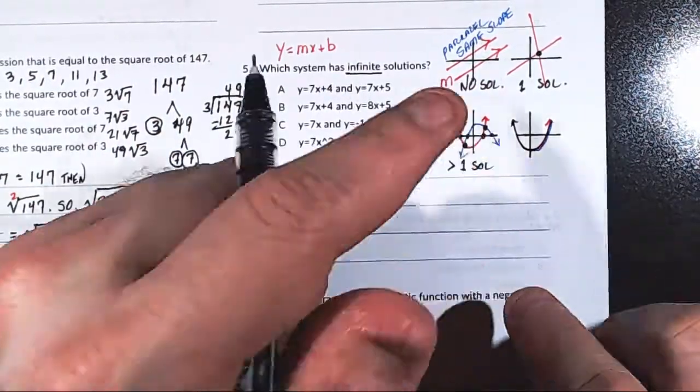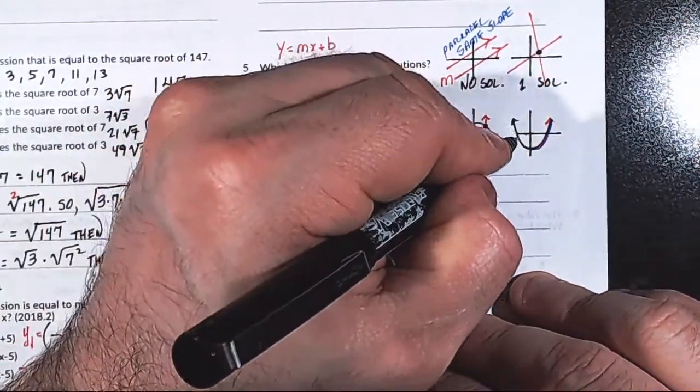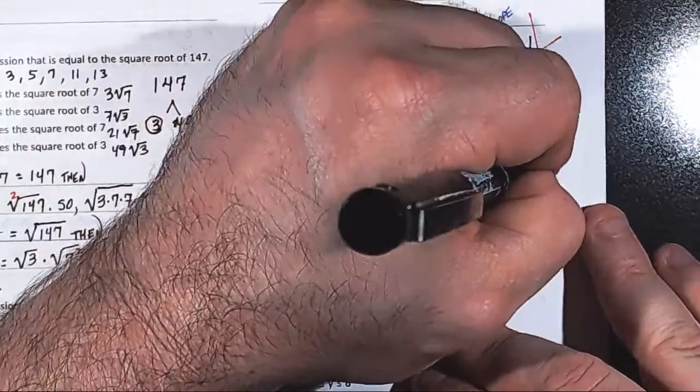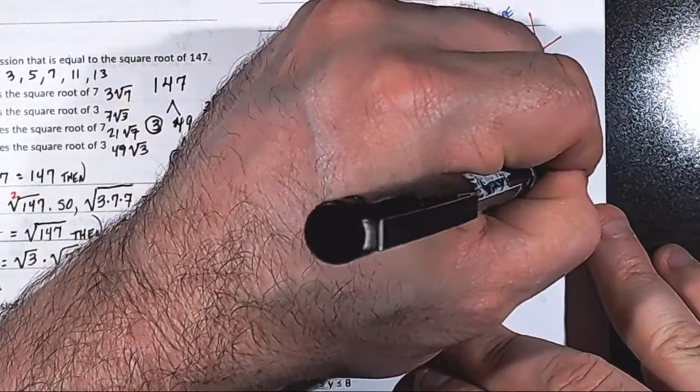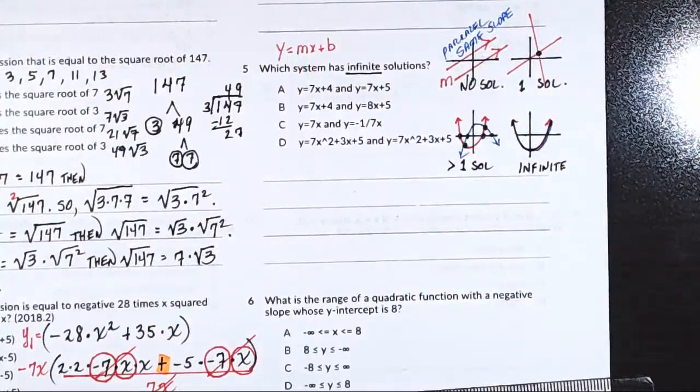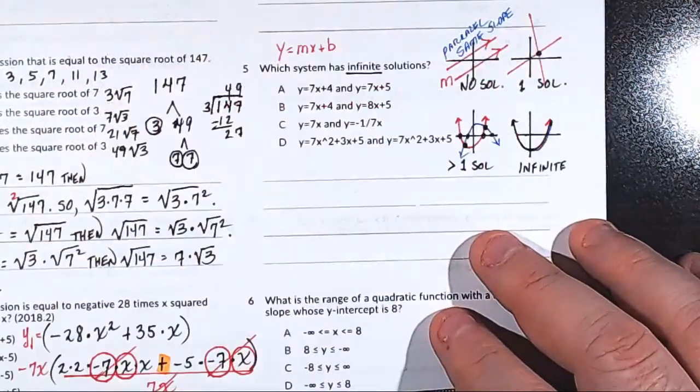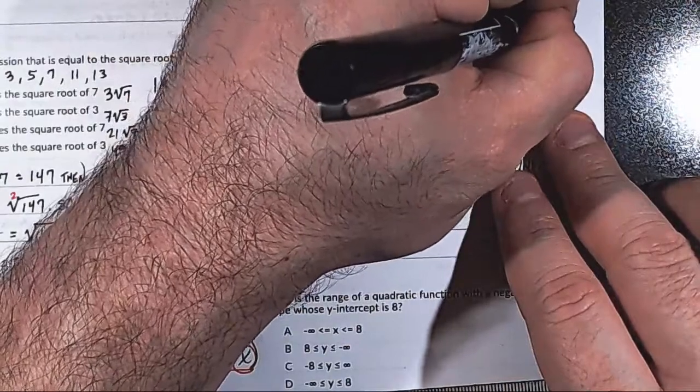This function right here, these lines cross at every single point. So this is what an infinite solution set looks like. So let's go through our, notice here, I just want to make one note. Notice here, these have different slopes.